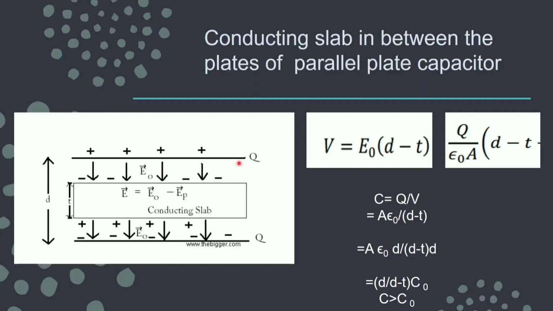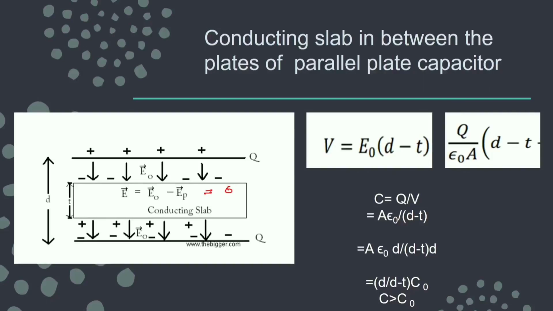So there are plus Q and minus Q sheets, then again the same thing will be there, that you can find E naught outside, and inside, because of the induction effect, the net field will be equal to 0, because we have already said this thing, that this field will come out to be 0 whenever I am having the conducting slab in between the two plates.